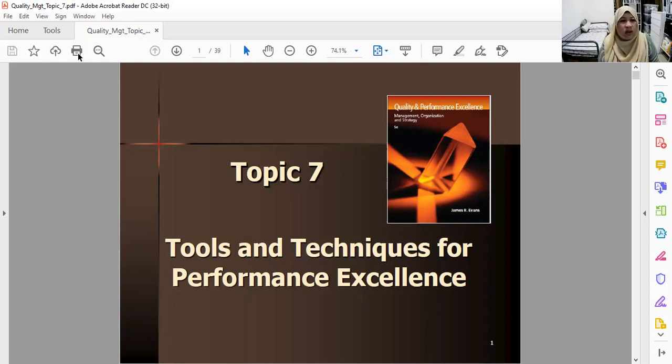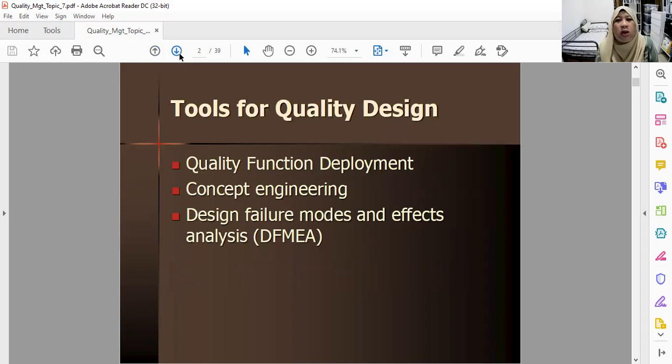Without further ado, let's go with topic 7. Topic 7 is about tools and techniques for performance excellence, and I will try my best to make sure you gain some knowledge in this topic. In this topic we will learn a few tools used to measure quality, performance and standards in companies and organizations.